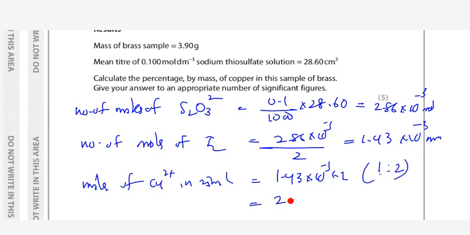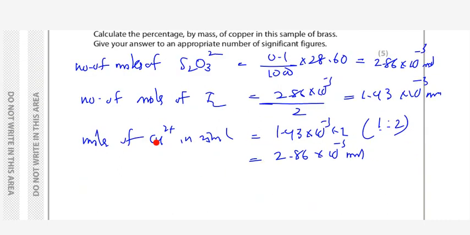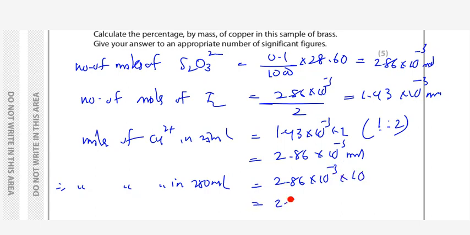So it will be 2.86 × 10^-3 moles again. And that's the moles in 25. But our original solution is in 250. Therefore, the number of moles of copper 2 plus in 250 ml will be 10 times this, which is 2.86 × 10^-2 moles. That's the moles of copper 2 plus.